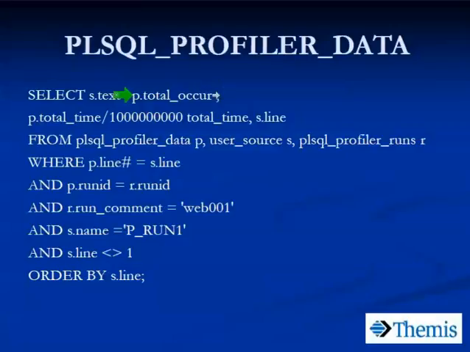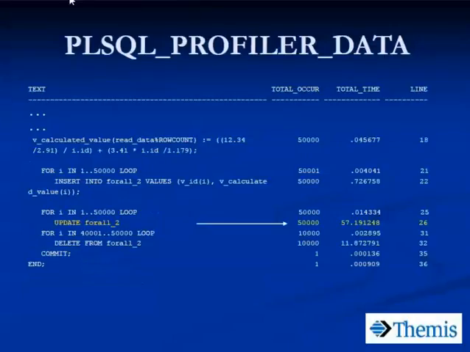So how many times did it happen, and how much time did it take as well? And then I'm also showing the line number. This little piece of code is a really good query for querying that PL/SQL profiler data table. Now, if we look at the results, if you haven't seen these before, I think you're going to like this a lot. So here's the type of result you'll get from that query.